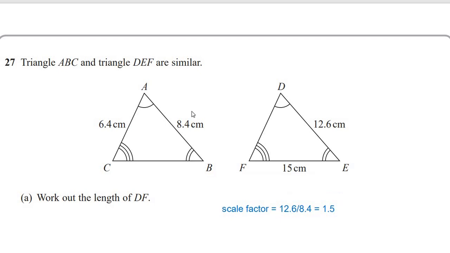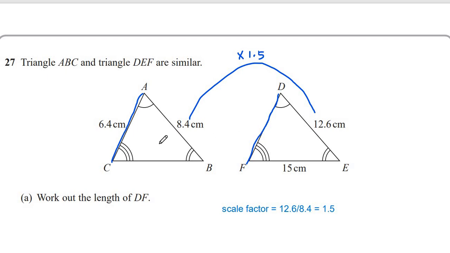All right, so that means from here to here, you need to multiply by 1.5. So we need to work out the length of DF. DF is this length here. So this side DF corresponds to this side, which is 6.4.